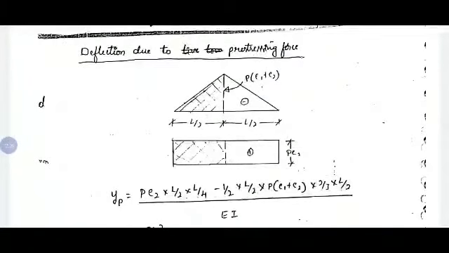Then here the deflection of prestressing force below the neutral axis will be negative and above the neutral axis will be positive. So here the rectangular portion what we have considered will be treated as positive deflection, and the triangular bending moment diagram what we have considered is negative deflection.